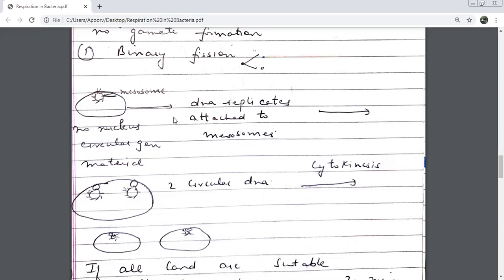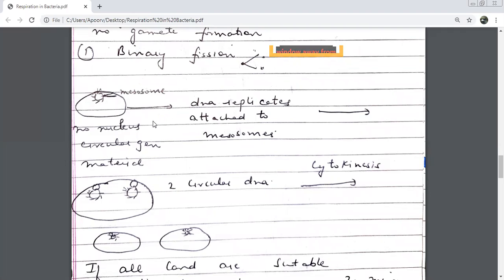Let's discuss this once again. Does it have a proper nuclear material? No. If there was a proper nuclear material, it would be inside the nucleus. Agreed?